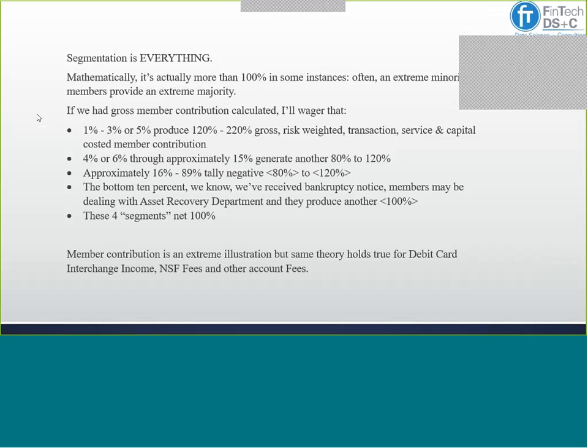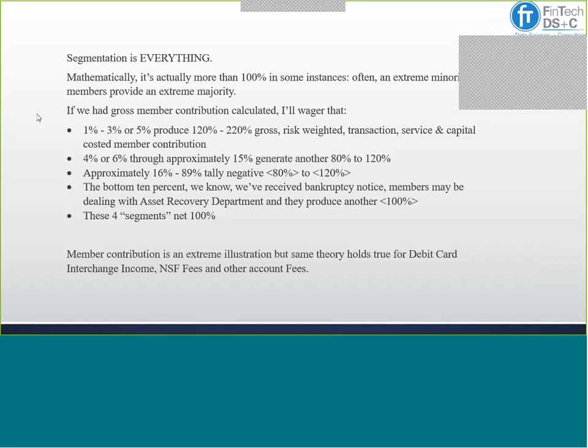Well, let me layer on top of that now the 4 or 6% up through around 15, 16%, which is probably yet another 80%. So let's say we're up to 300% of our total member contribution. The members in the percentiles 16 through 89 will lose us 80 to 100%. And then the bottom 10% members, we know them.